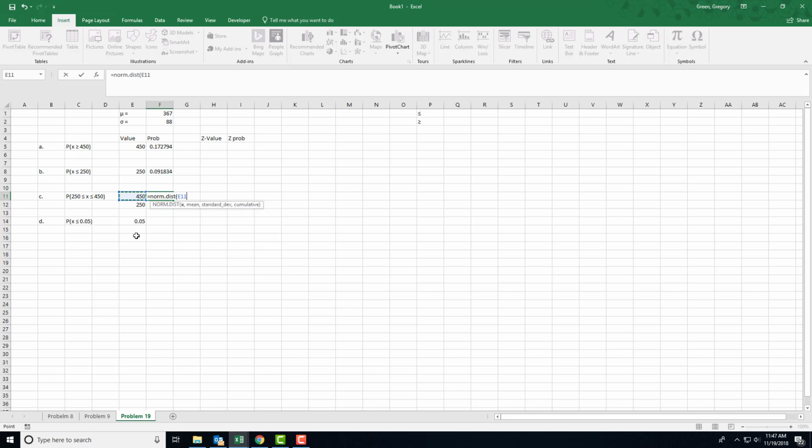And this should be reminiscent of problem 9, which we just finished a moment ago, where I take the difference between the areas bounded by 450 and 250 when I have a mean of 367 and a standard deviation of 88.